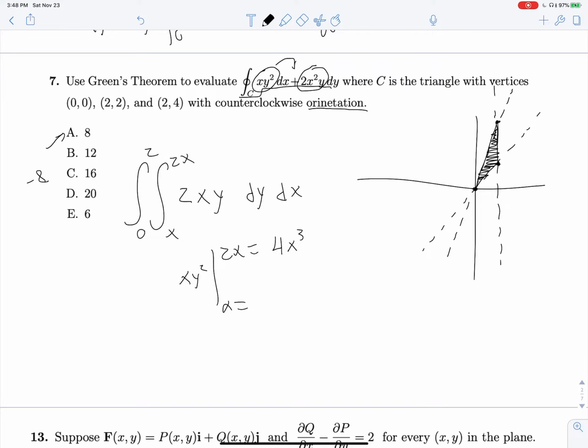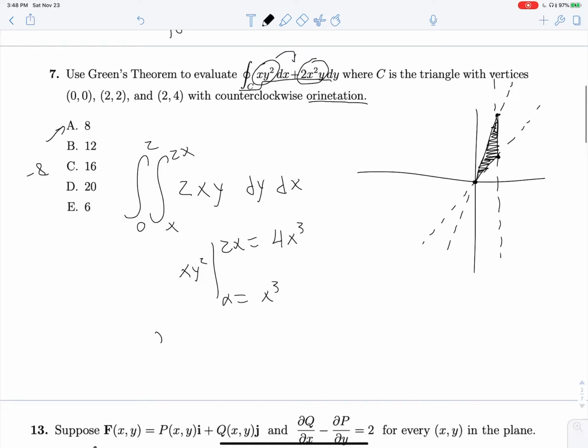Yep. And this guy will be x cubed. So now our integral has been simplified down to the integral from 0 to 2 of 3x cubed, subtracting this in, dx, which is going to be 3/4 x to the 4th on 0 to 2, which will be 12.